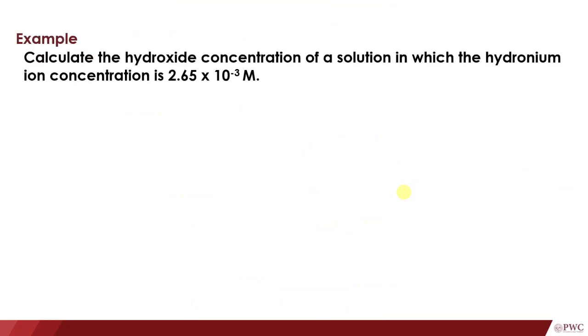Next, we have this one. Calculate the hydroxide concentration of a solution in which the hydronium ion concentration is 2.65 times 10 to the power of negative 3 molar. So let's write the given first.